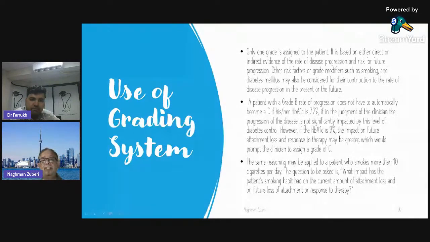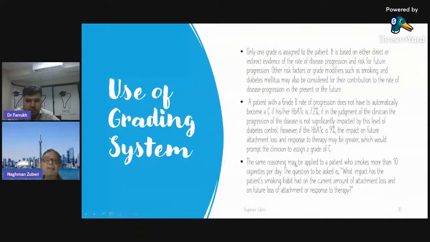In the judgment of the clinician, the progression of the disease is not significantly impacted by this level of diabetes control. However, if the HbA1c is 9%, the impact on future attachment loss and response to therapy may be greater, which would prompt the clinician to assign a grade of C.